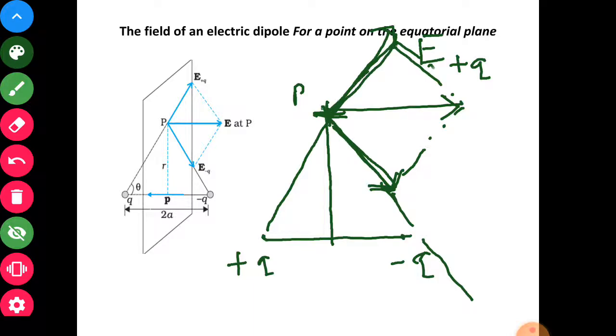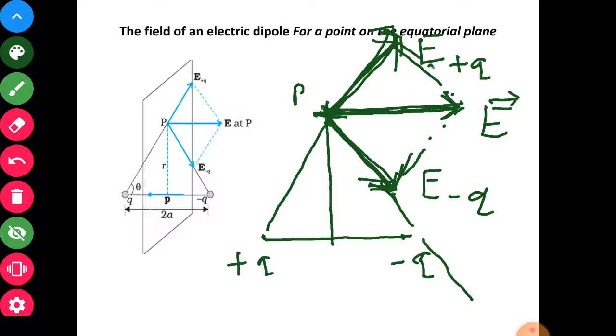The first vector is this, the second is this vector. So this is the resultant vector. This electric field is due to minus Q charge, this electric field is due to plus Q, and this is the resultant electric field because of the two charges of the dipole.